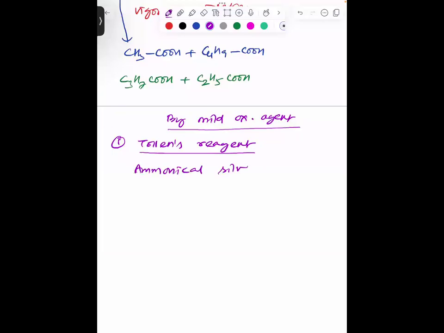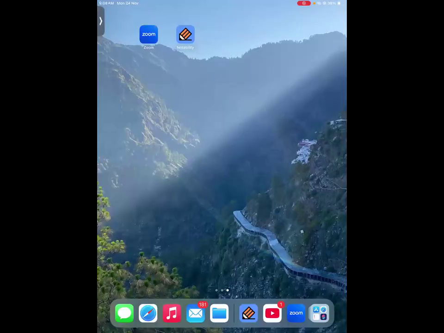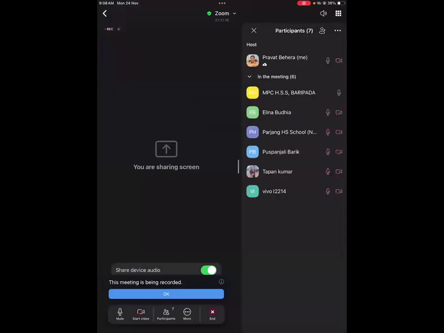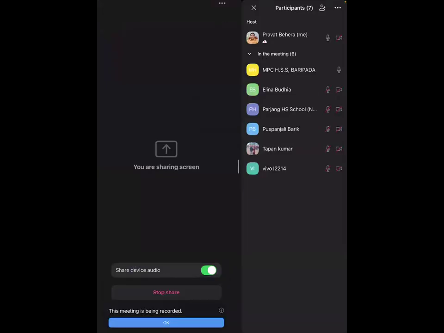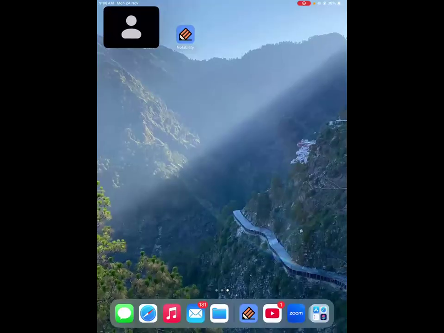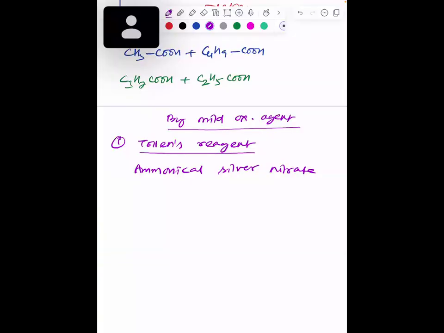It is ammoniacal silver. Mute yourself. Okay. So, students, all of you are requested to mute yourself. Then, ammoniacal silver nitrate solution.